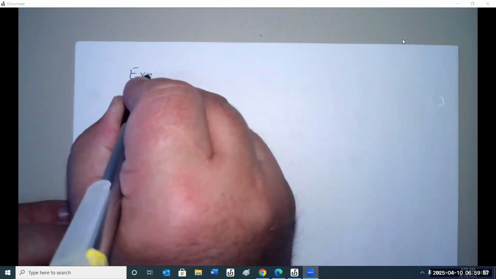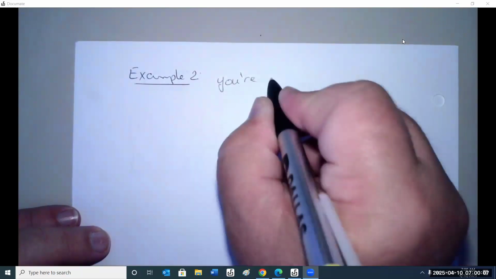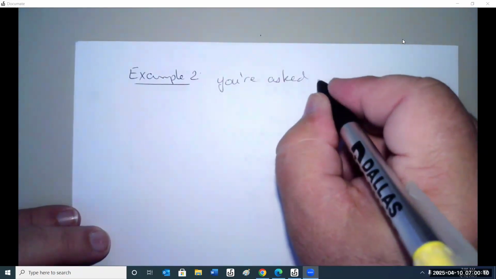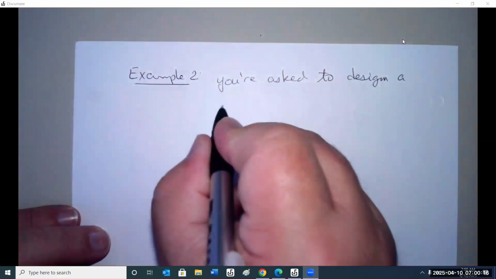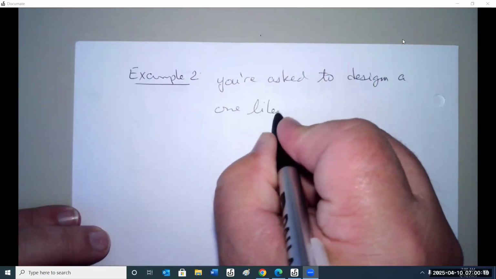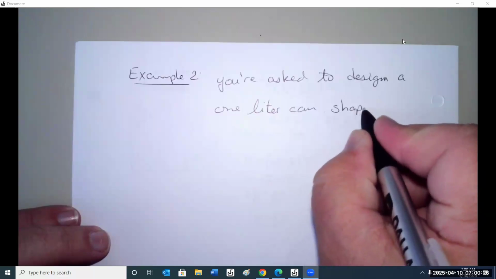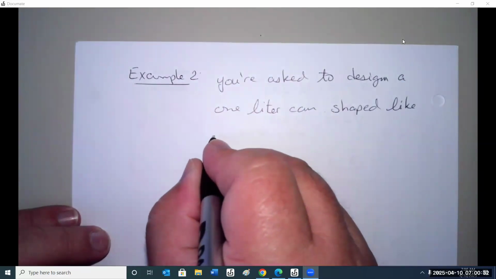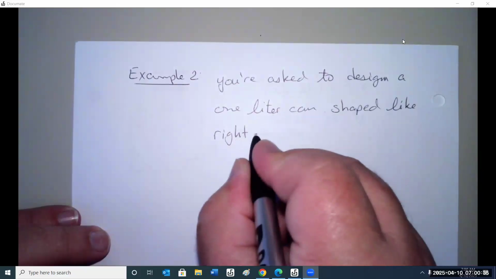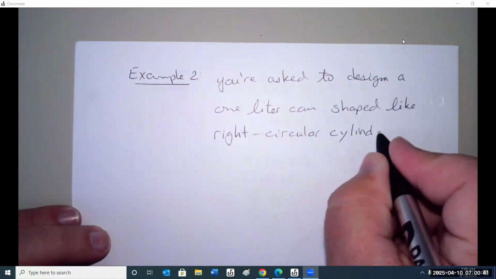Example 2. You're asked to design a 1 liter can shaped like a right circular cylinder.